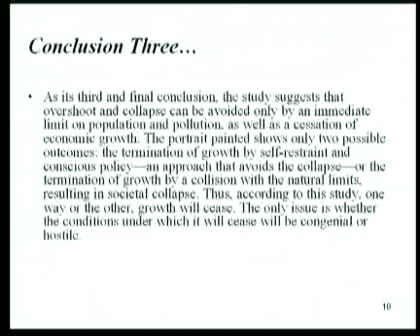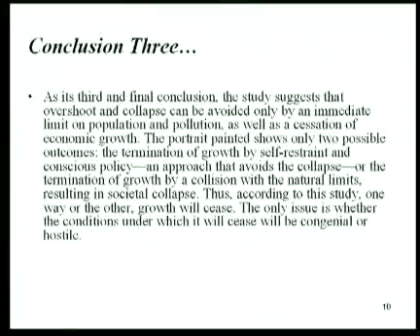Third conclusion. Studies suggested that overshoot and collapse can be avoided only by an immediate limit on population and pollution, as well as a cessation of economic growth. So you can begin to see why there was such an outcry and an uproar with these conclusions. The portrait painted shows only two possible outcomes: the termination of growth by self-restraint and conscious policy, an approach that avoids a collapse, or the termination of growth by a collision with the natural limits, resulting in societal collapse.